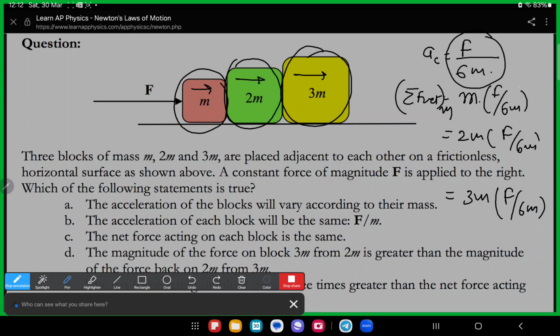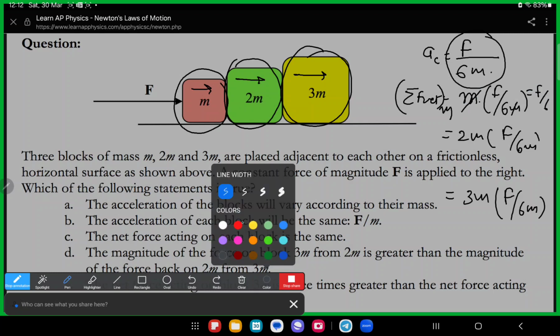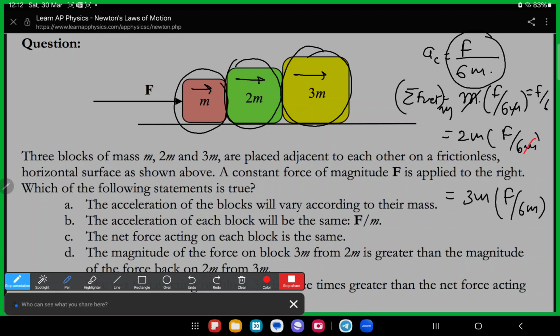Now here F net will be, m and m get cancelled out, F by 6. Clear? In the second, m and m get cancelled out, 2m by 6, or we can say F by 3, and here 3 by 6, F by 2. So these are the resultant forces acting.